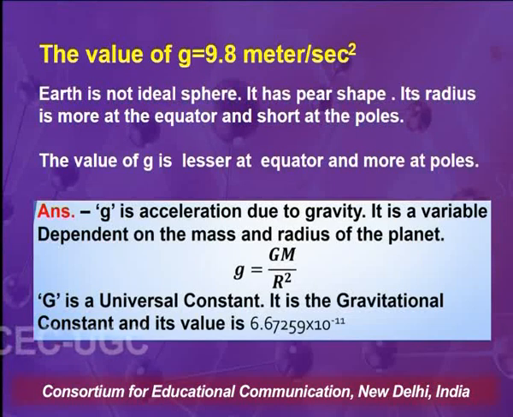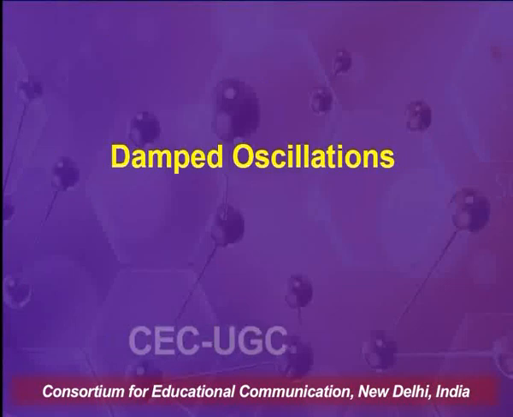Capital G is a universal constant, the gravitational constant, and its value is 6.67259 into 10 to the power minus 11. It's a very important relation.